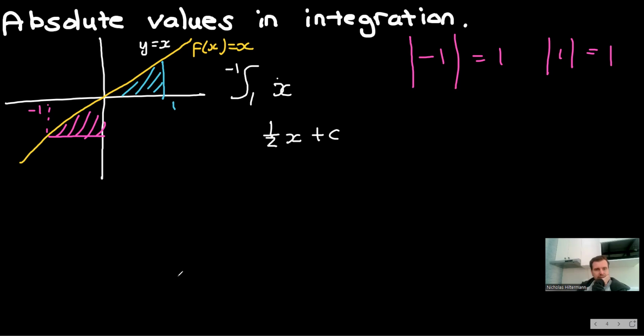Okay, now if I go from 1 to minus 1, I would sub in, first of all, the 1, plus c, minus 1, plus c. Okay, so the blue bit, the 1, go from there.